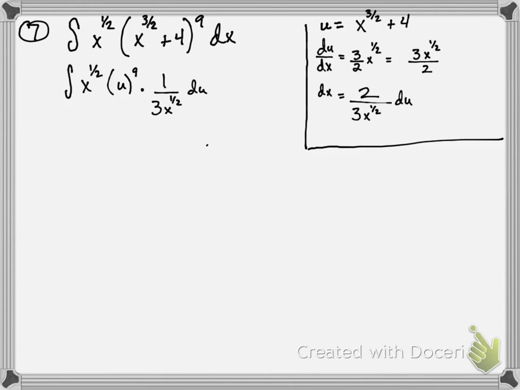Let me color coordinate this for you. dx is this piece. Oh, sorry, there's a 2 up there. That's a 2. All right, now we're good.